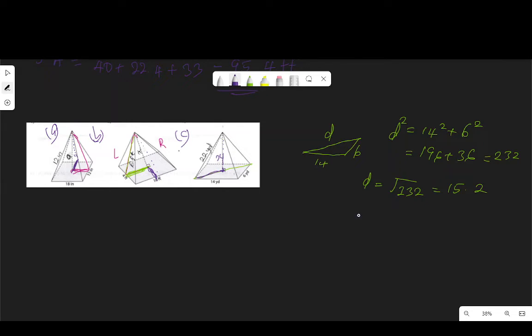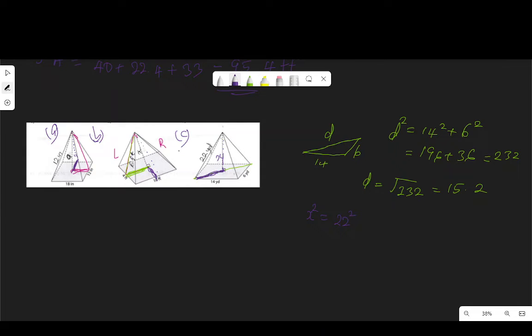So x squared will be this side, which is 22 right here, 22 squared, plus this side, which is half of this 15.2. Half of 15.2 is 7.7 or so.